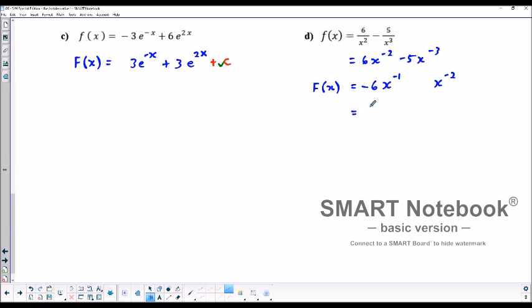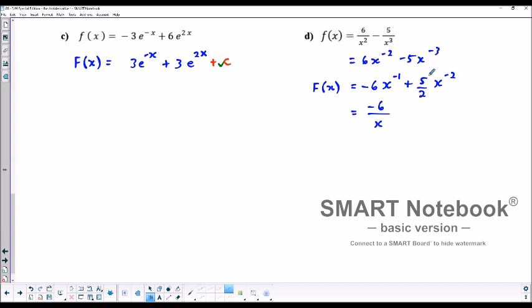And we can then return this to the same form that we were given. And then here, we differentiate x to the negative 2. That comes down in front. We've got the negative, so this is going to be positive here. But we get a 5. So when you bring down that negative 2 to differentiate and we get a 5, that means that there must already be a 5 there, divided by 2.